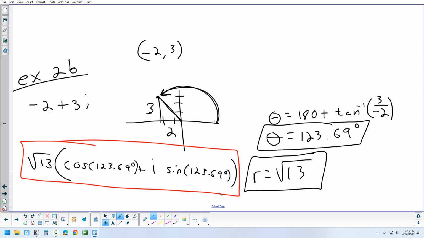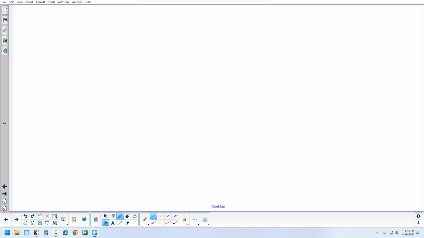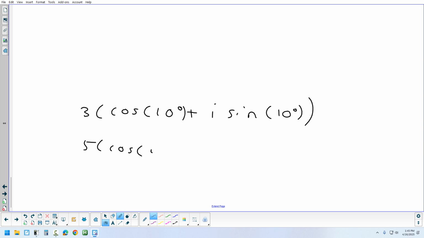So that's converting a complex number to polar. And the real advantage, let's say I had two complex numbers like this, and I had, I don't know, 5 cosine 4 degrees.